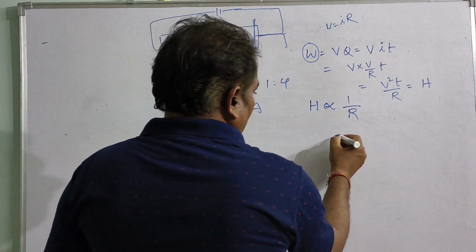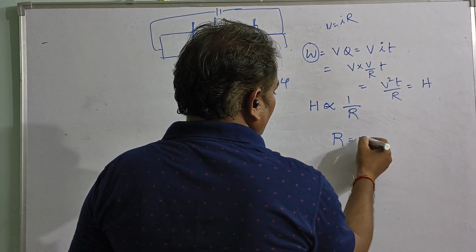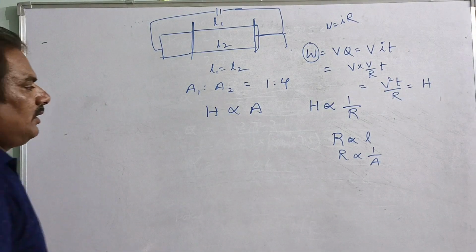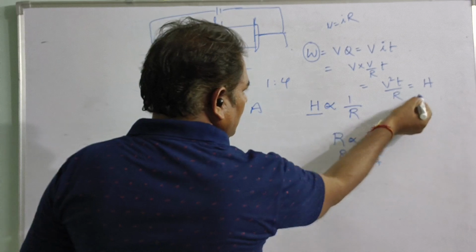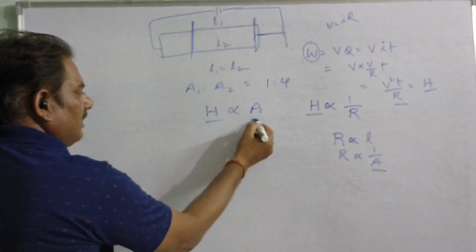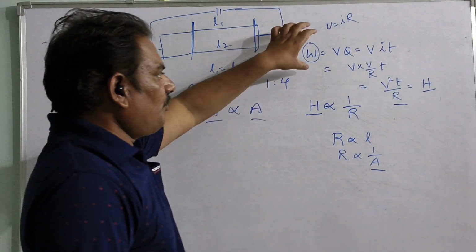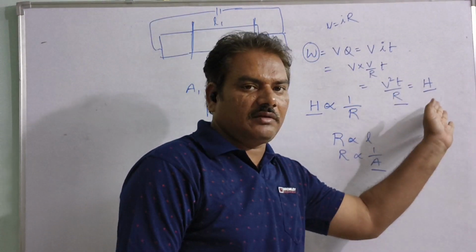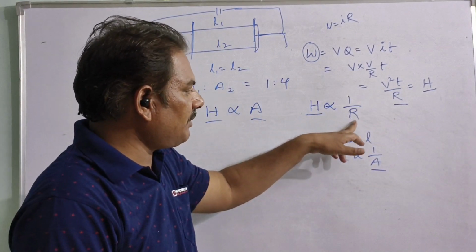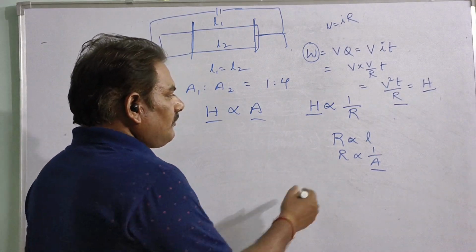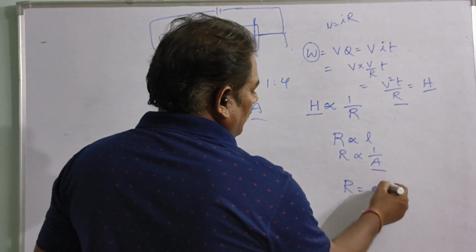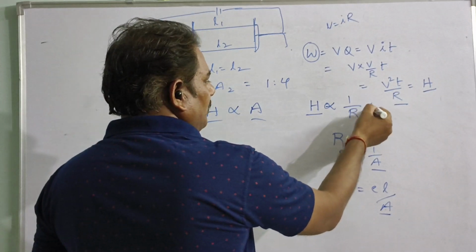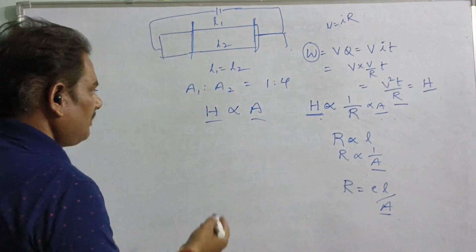Resistance is proportional to L and inversely proportional to area. So here H is inversely proportional to R, and R is inversely proportional to A. Finally H is proportional to A. From the work done formula, work done is inversely proportional to R, and this work done is converted into heat energy, so heat is inversely proportional to R. From the formula R is equal to rho L by A, R is inversely proportional to A. So H is proportional to A. Simple.